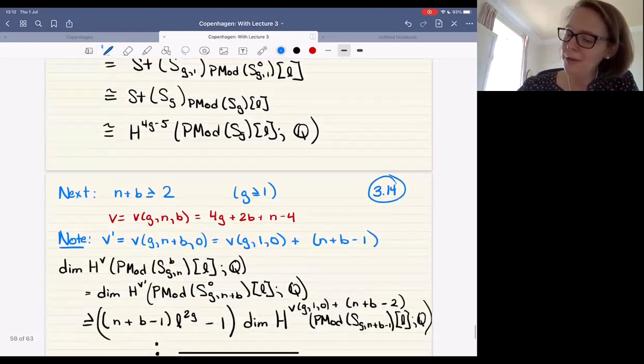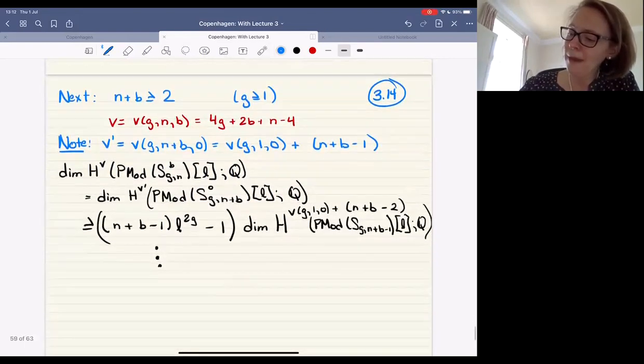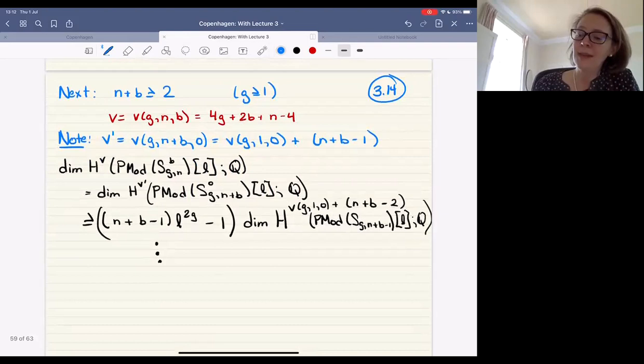But I think what I want to focus on is the more interesting case. So if I have n plus b at least 2 and genus at least 1, then what happens here? I'm just thinking about the dimension.